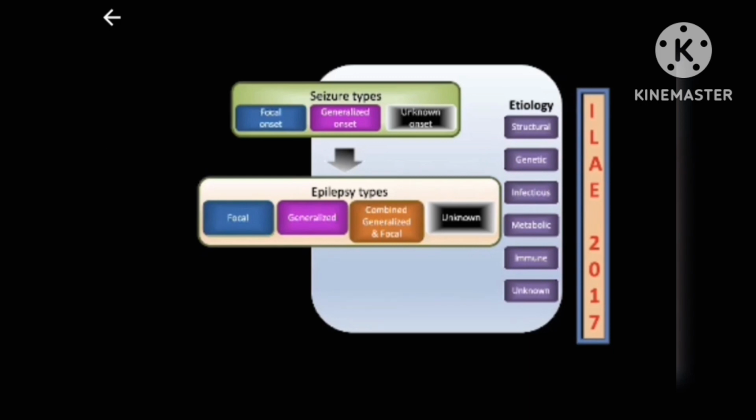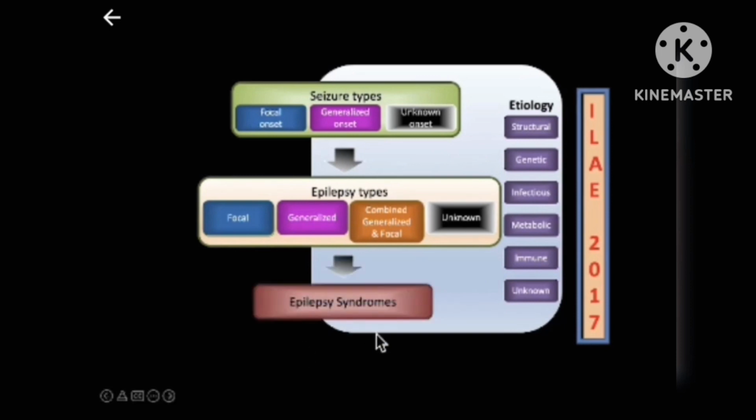Generalized, if large parts of the brain are simultaneously involved, that you call generalized epilepsy. The same patient may have a combination, sometimes focal, sometimes generalized. And again, despite all our history and examination, you may not be able to exactly determine whether the seizure is focal or generalized.